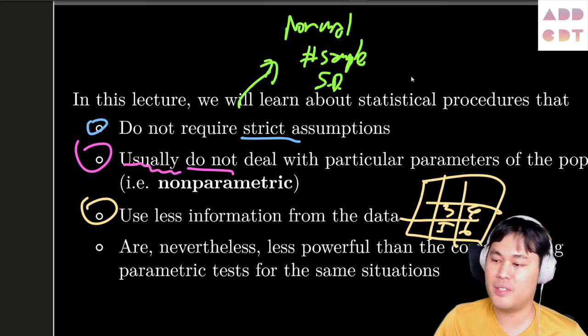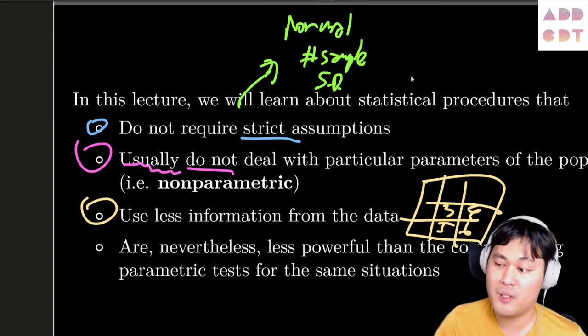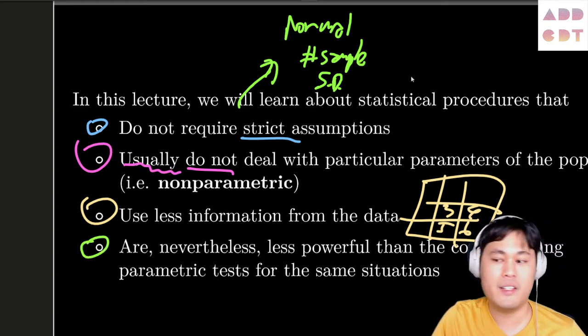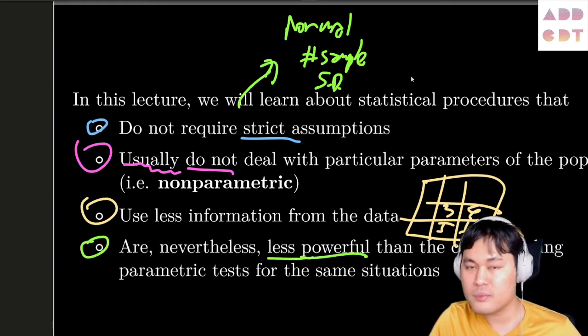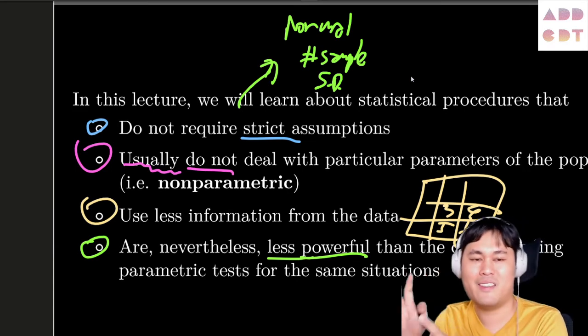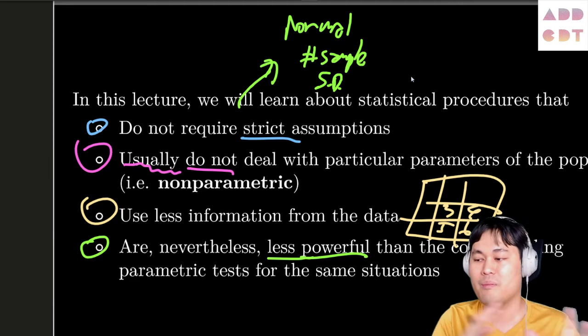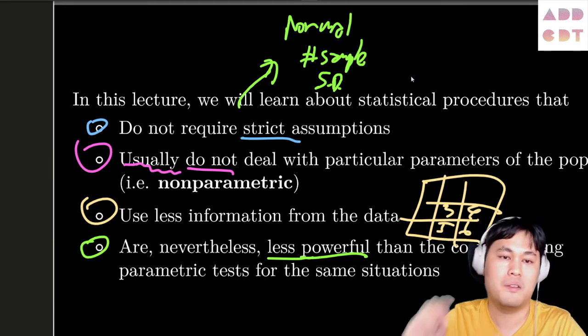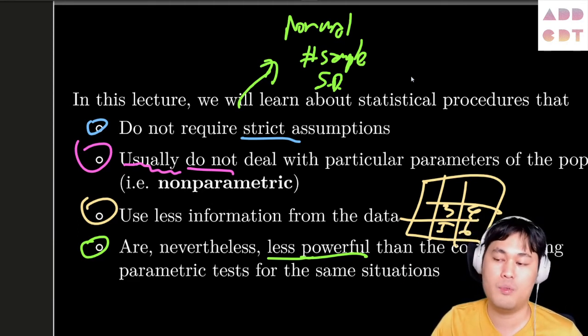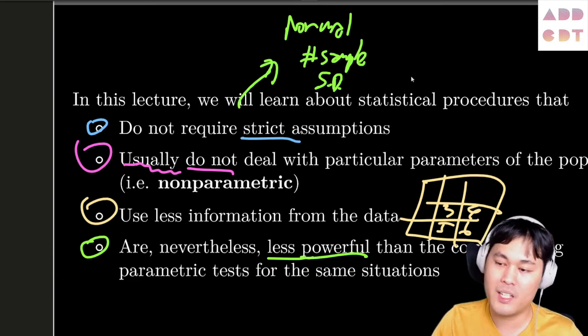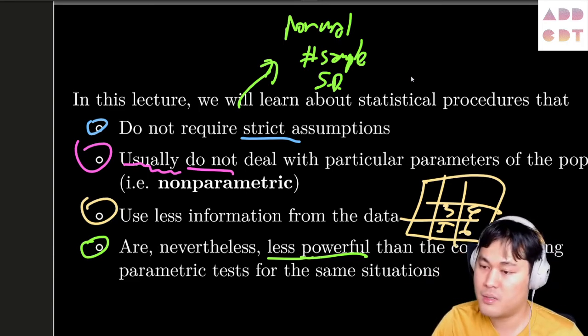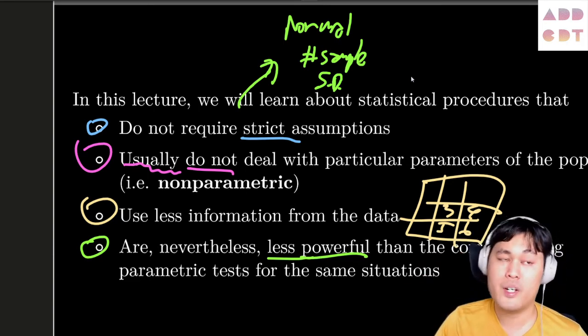But since we don't use that much data and have no assumptions at all, it is kind of intuitive that these tests are less powerful. Given just this set of data, you can conclude something meaningful, but it's not as meaningful as what we have done with the normal distribution, which has a nice curve, has assumptions, has theorems and so on.